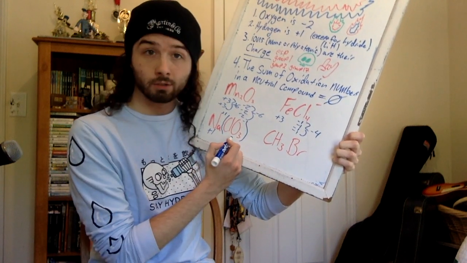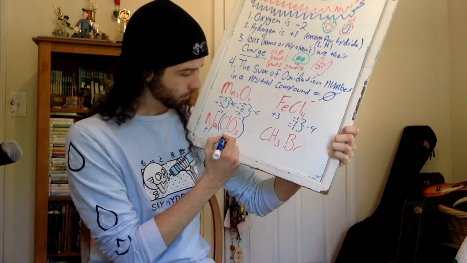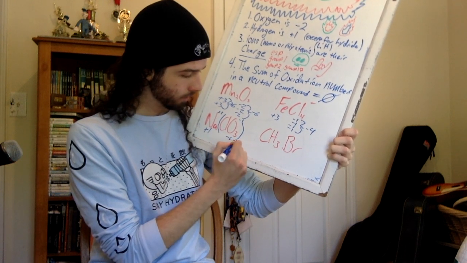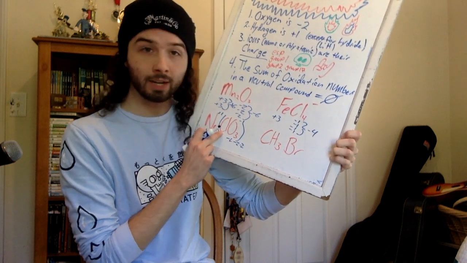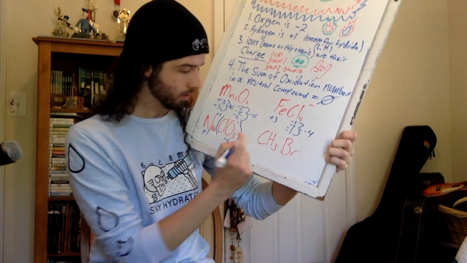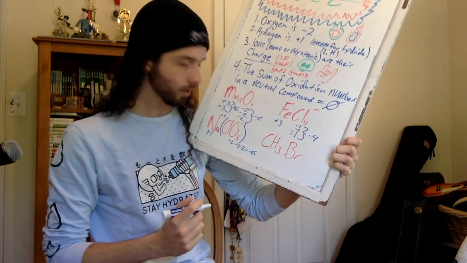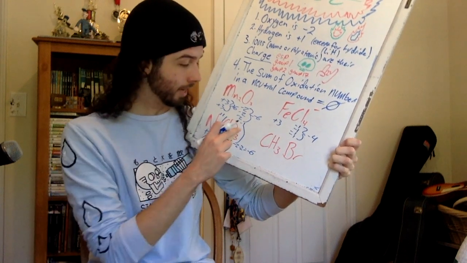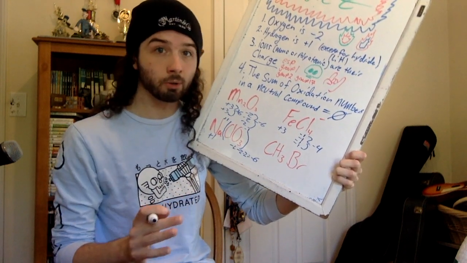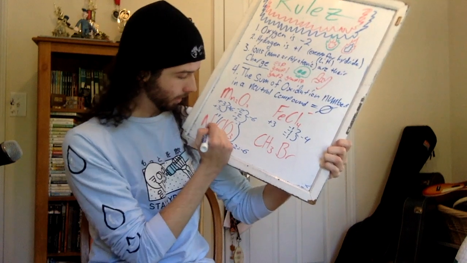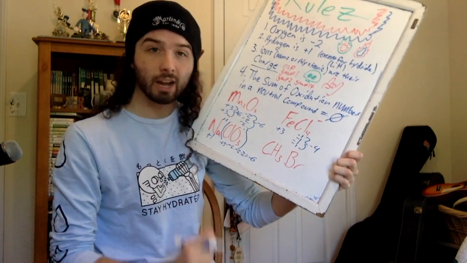So let's use our oxygens first. Our oxygens are always -2. So we have a -2, a -2, a -2, because we have 3 oxygens in our chlorate. Altogether, that gives us another -6. In order to balance this out and get the negative charge for our chlorate, what does chlorine have to be? That's right, +5.